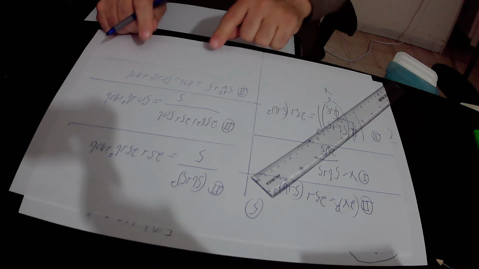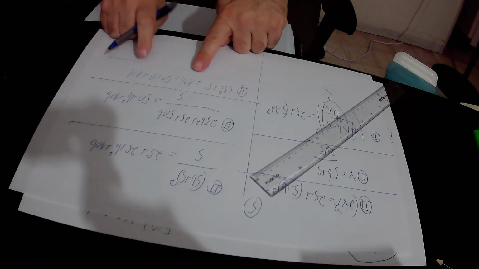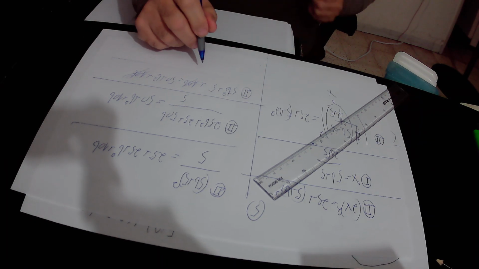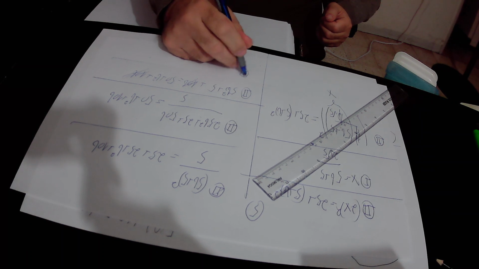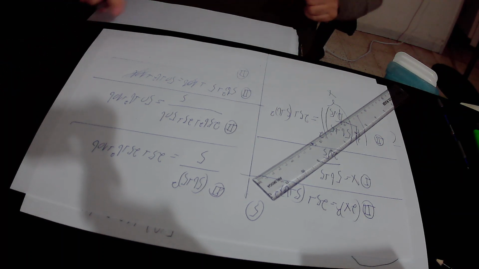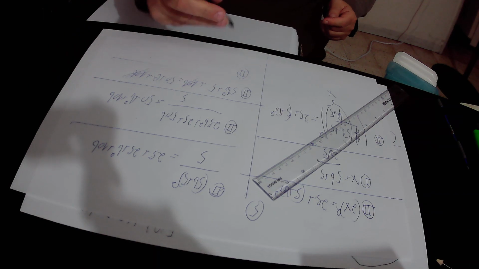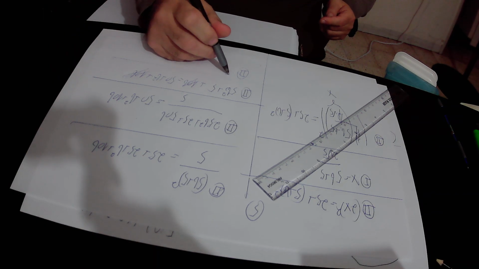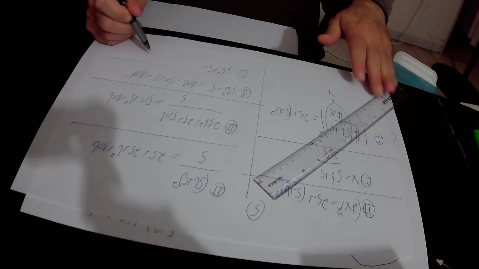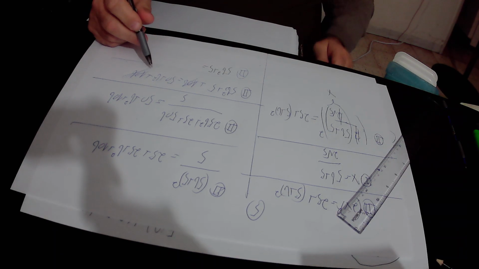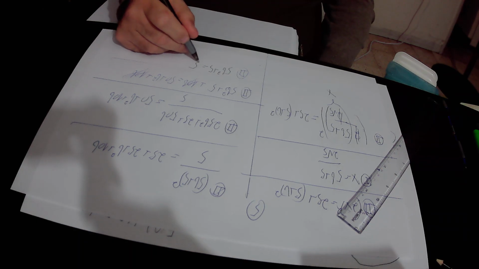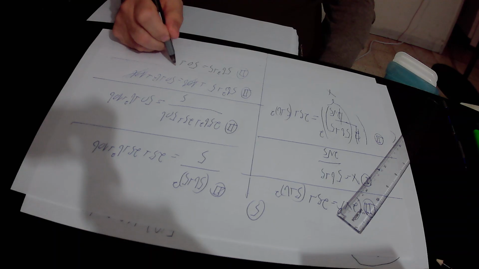Here we have 10b on both sides of the equation, so 10b will get cancelled. After we cancel 10b, on this side we are left only with 5b squared plus 5, and it equals, on the other side, 50 plus b squared.